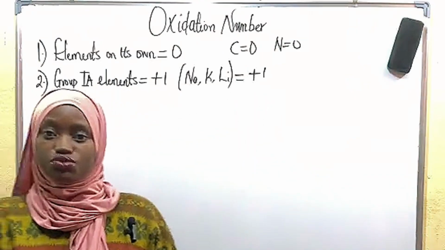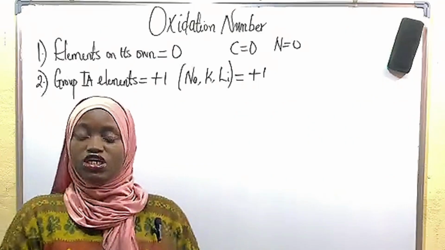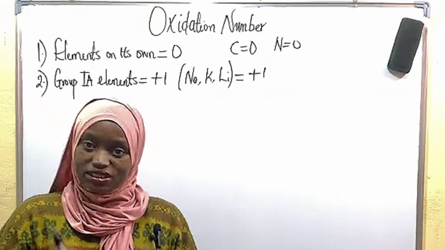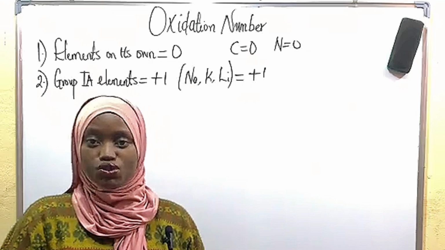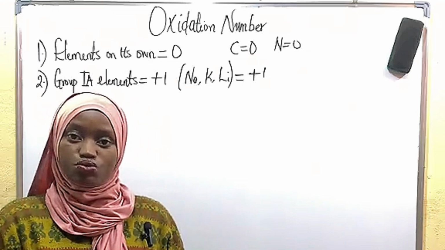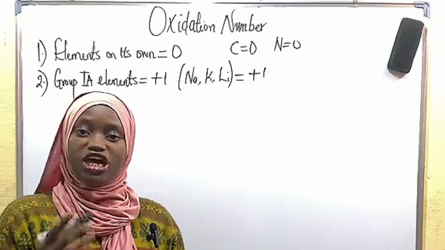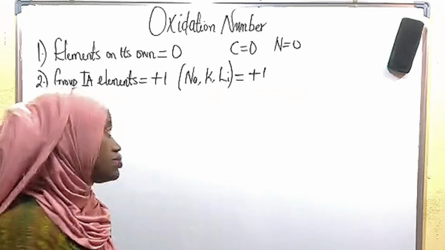So the third rule states that in the periodic table, the group 2A elements have oxidation number equal to +2.